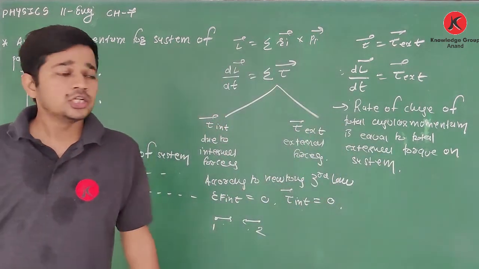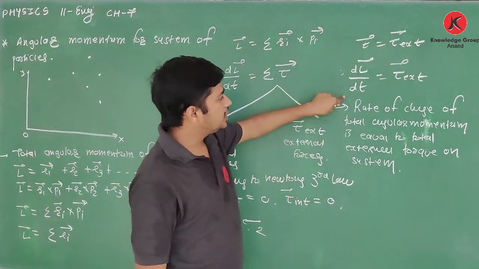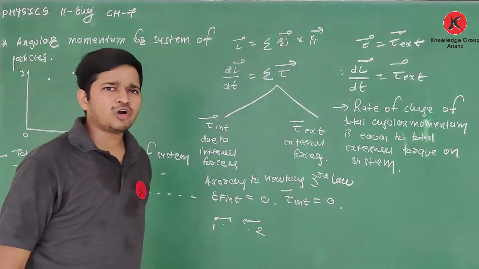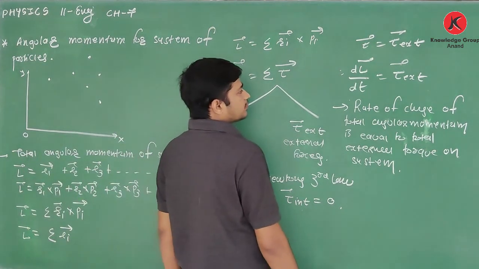Clear about this? So dL/dt is equal to tau external. You have to take only the external torque, the addition of external torques. Clear about this?